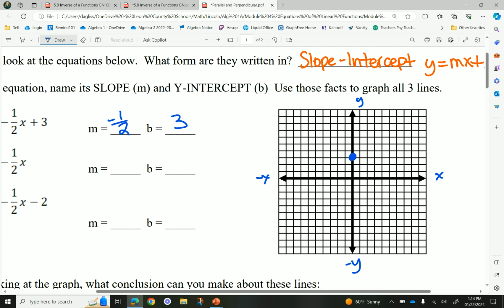And the m is how you move. We're going to go down 1 and over 2. Down 1, over 2. Down 1, over 2. You can do as many points as you'd like. I would do at least 3 or 4. I don't have a ruler right now, so I'm going to do as many as I can so I get a nice straight line.